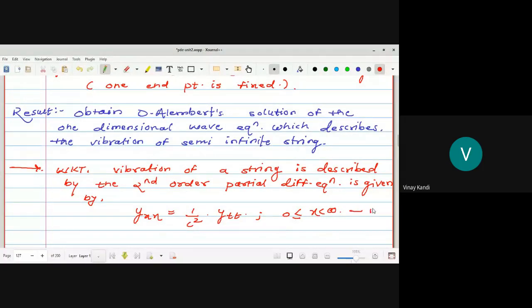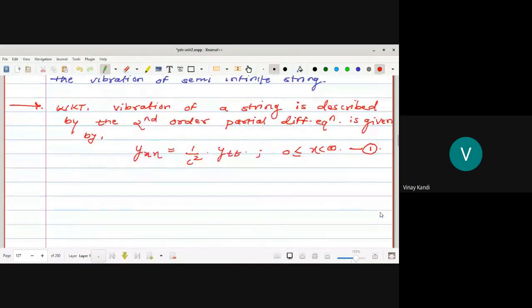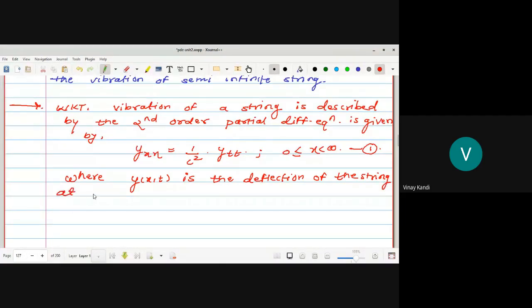As given in question number 1, here x and t are the independent variables and y is the dependent variable on x,t, where y of x,t is the deflection of the string at any point x and any time t.